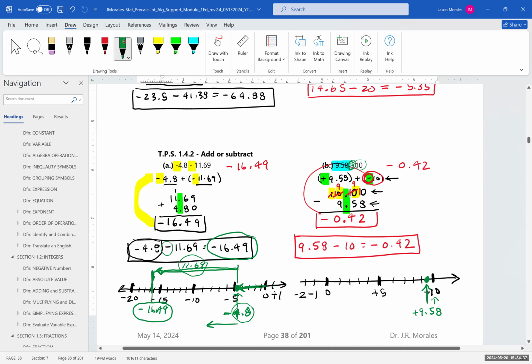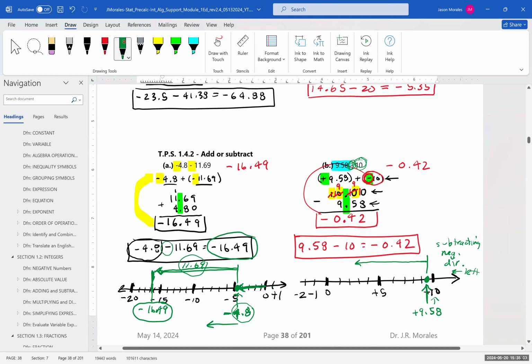So again, we're subtracting, which means we're going to be going in a negative direction. When you're subtracting, you go in a negative direction, which will be to the left. And so we're going to be going to the left a value of 10.